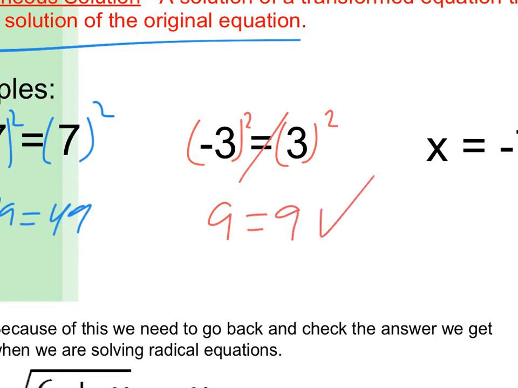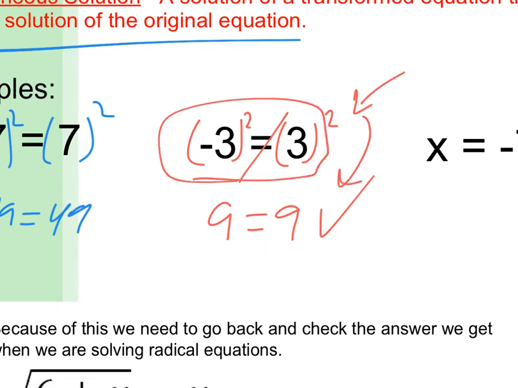Now, all of a sudden, I've done something that made this equation true when the original problem was not even a true statement. Okay, and so hopefully that shows why this squaring technique is kind of funky. It can work, but it can also make equations that aren't true, and also then give us answers that don't work in the original problem.